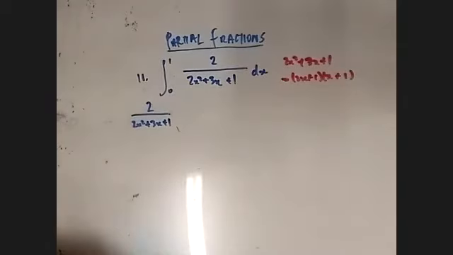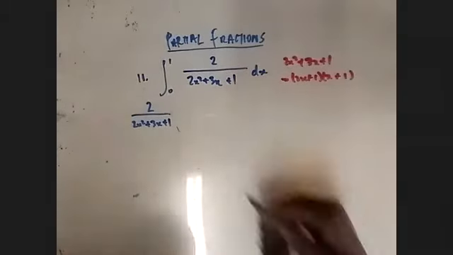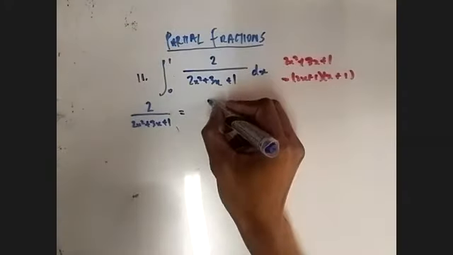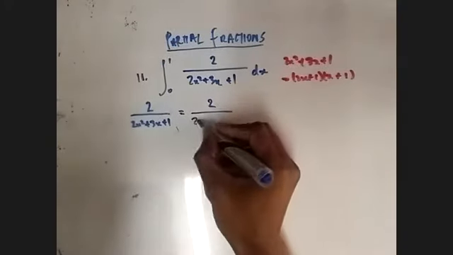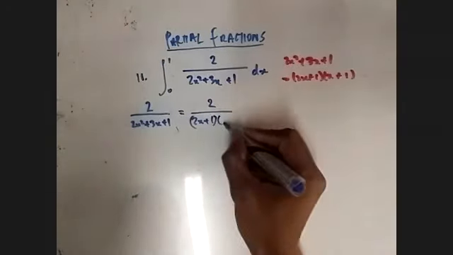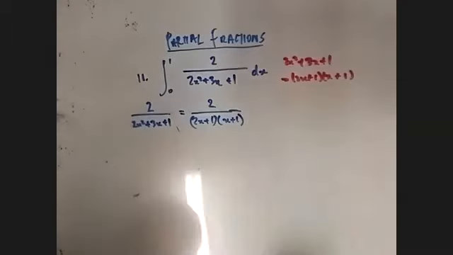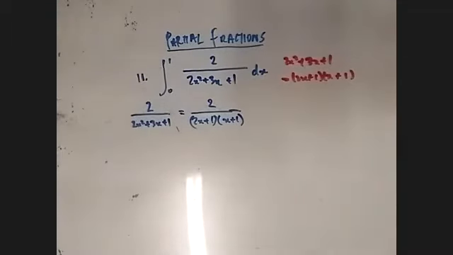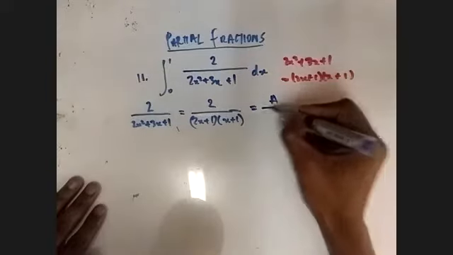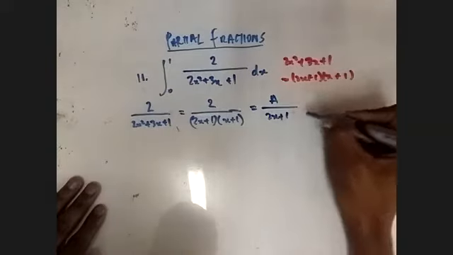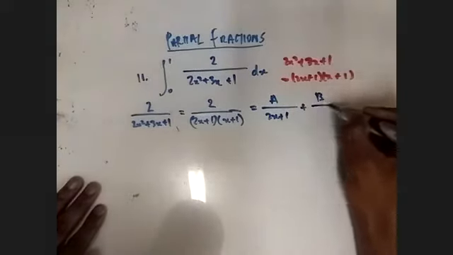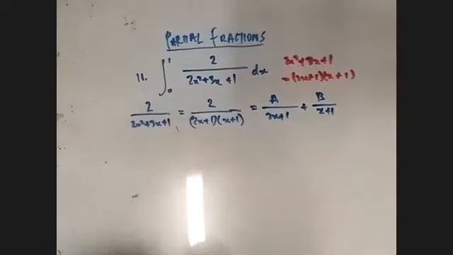Okay, so now what you're going to have is 2 all over 2x plus 1, x plus 1. Now it's rewritten as a all over 2x plus 1 plus b all over x plus 1.